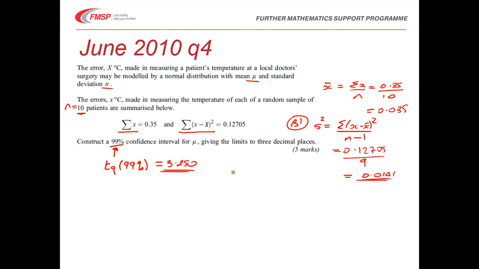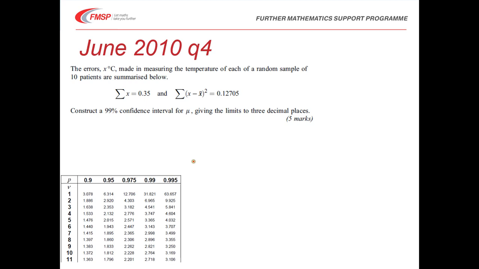If you just look that up in your t-table, that would be okay. Now, the reason I'm picking on this value is because, don't forget, it's two-tailed. So this is 99% two-tailed. So your t9 is 3.250. That's my t value done.